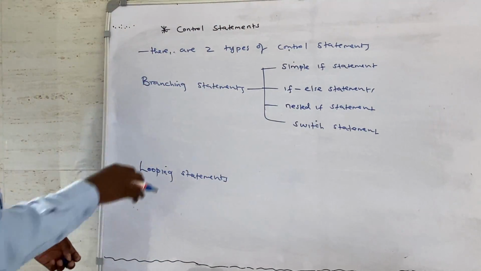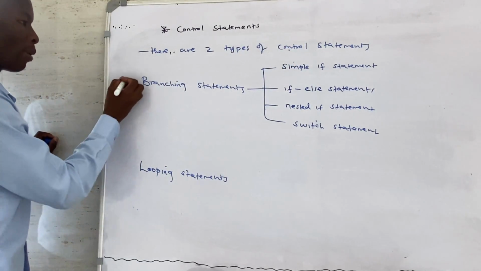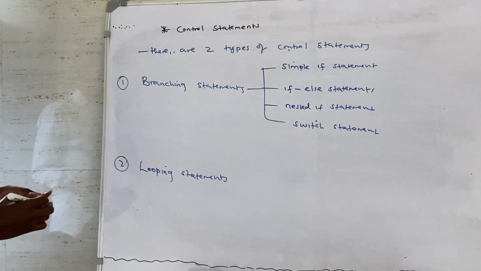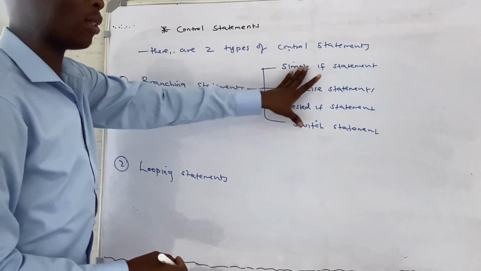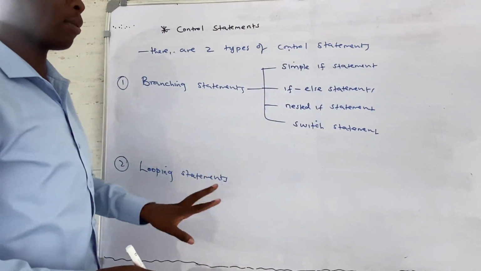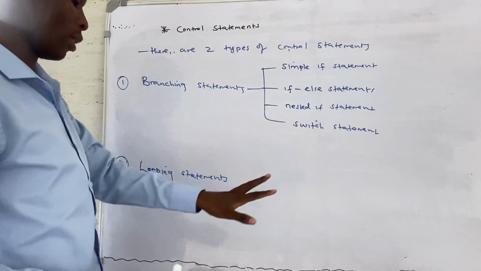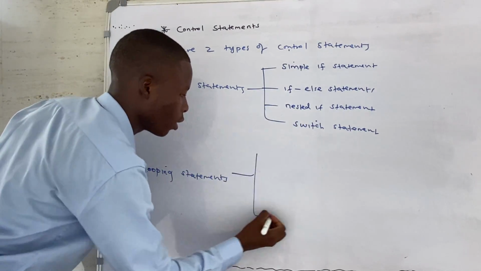Please, there are 2 types of control statements. What are the 2 types? Branching statements and looping statements. The branching statements are further divided into 4: simple if statement, if else statement, nested if statement, switch statement. The looping statements are further divided into 3.